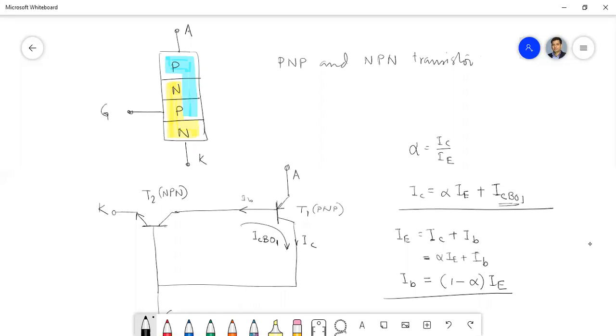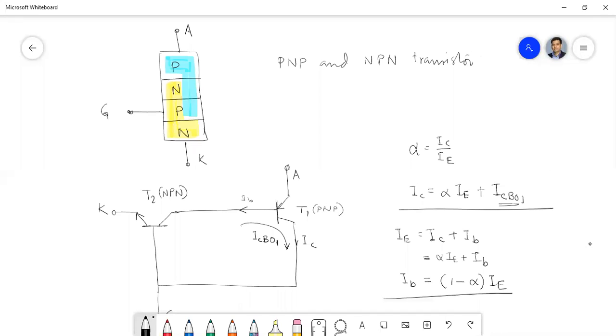Alpha is the gain, IC divided by IE. There are two gains for a bipolar junction transistor: the alpha gain and the beta gain.